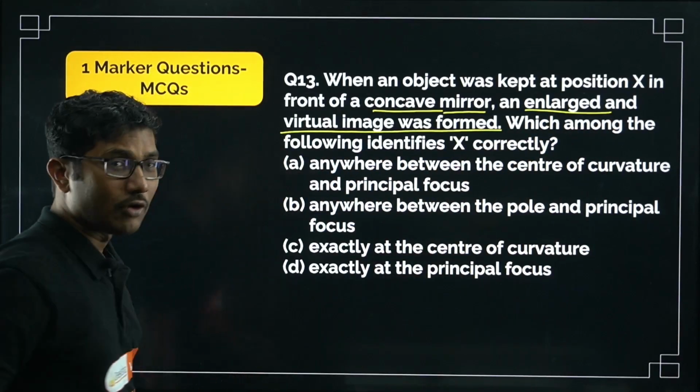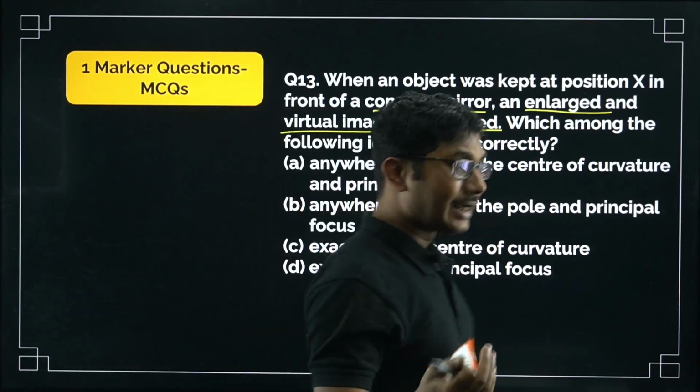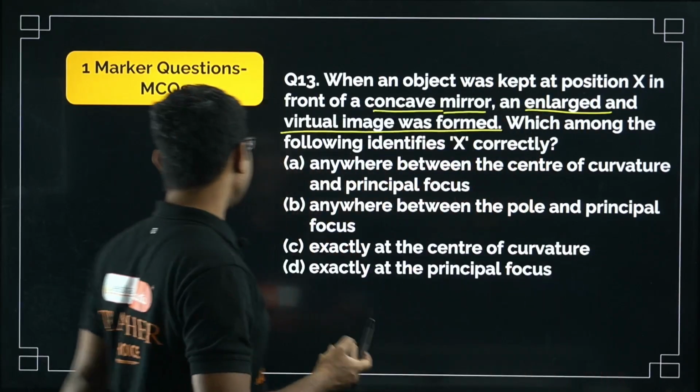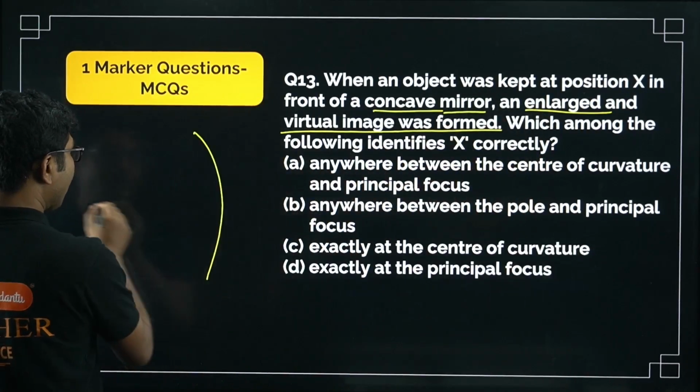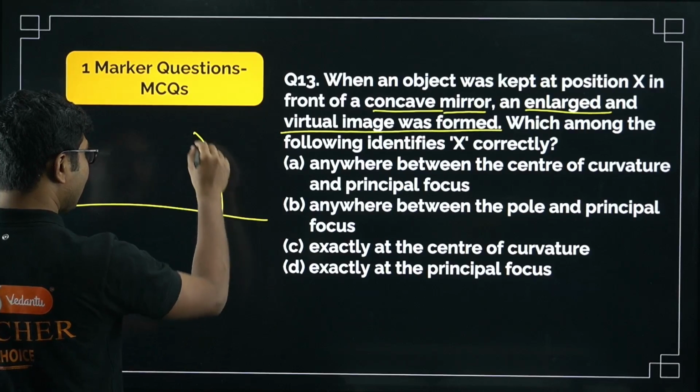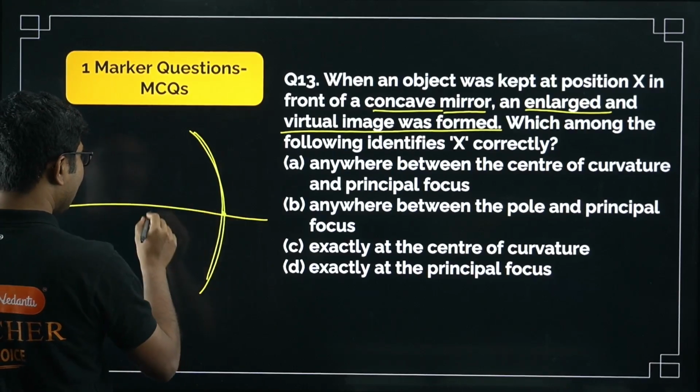So concave mirror forms enlarged and virtual image only when it is placed at a distance between the optical center of the mirror and the focal length.